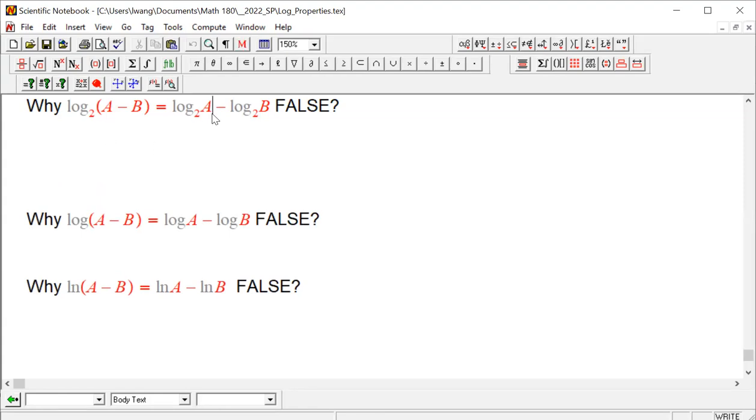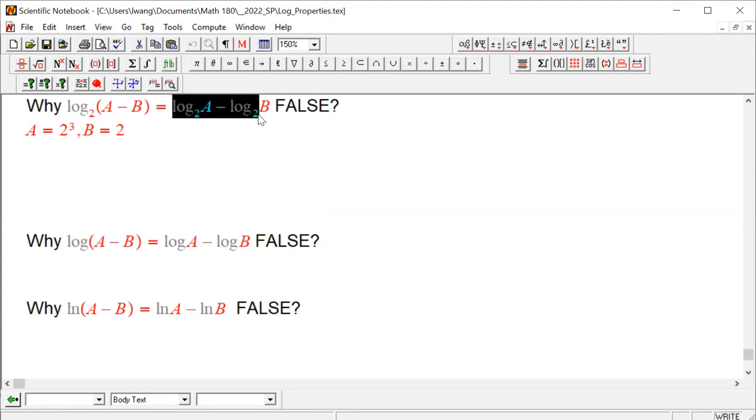I'm going to choose A equals 2 to the power 3. The example doesn't have to be fancy, and you want to make it easy for yourself. And the base B is 2.